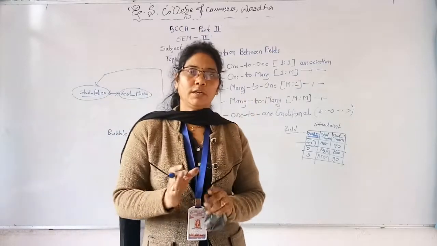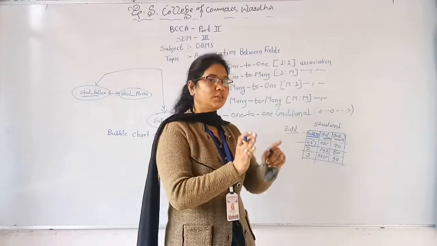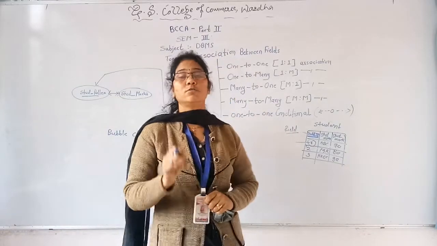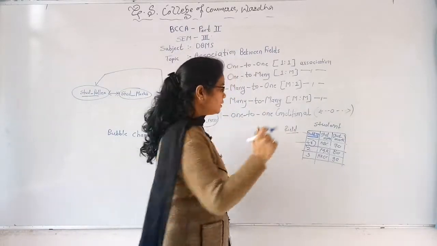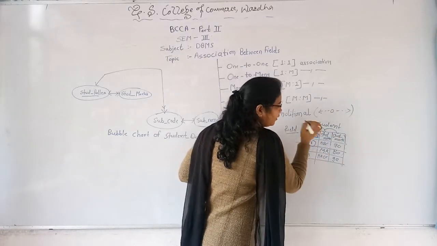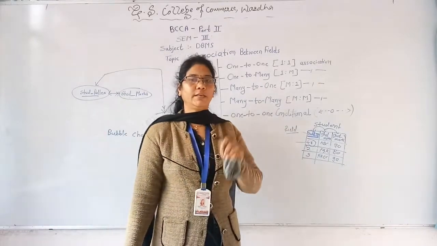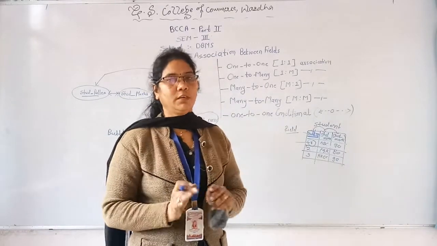Today my topic is association between the fields. This unit covers two types, association between fields and association between files. The association between the particular fields is the occurrence of the data which is related with each other.